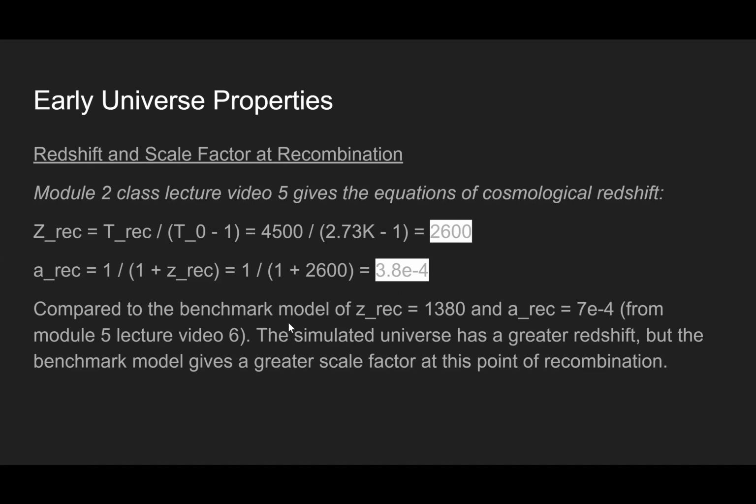Comparing these to the benchmark model, which has a redshift of 1,380 and a scale factor of 7 times 10 to the negative 4, which we learned from module 5, lecture video 6, you can see that the simulated universe has a greater redshift, but the benchmark model gives a greater scale factor at this point, which is the point of recombination.